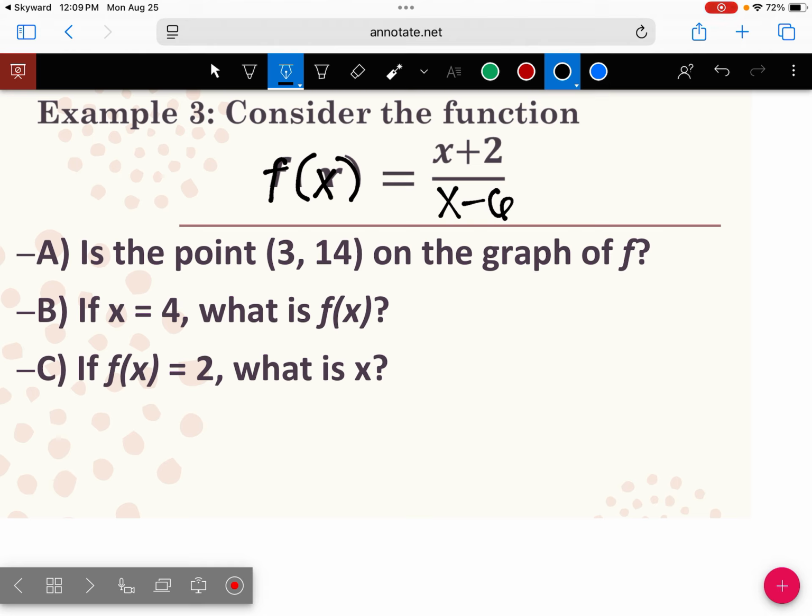So we have f of x equals x plus 2 over x minus 6. And the first question we're going to ask, is the point (3, 14) on the graph?